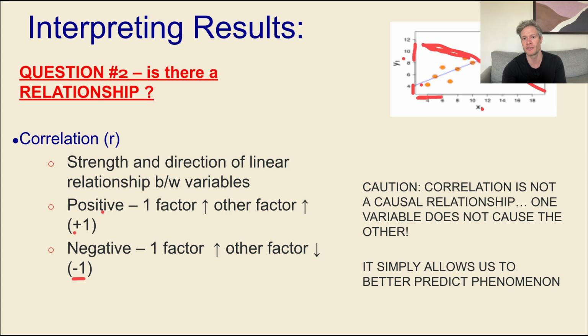Now that can still be a very strong relationship. Again, that could be close to 1. If it's a 0.9 or 0.8, all our individuals are landing pretty close to that linear line. It's just the direction, as in one factor goes up, the other goes down.